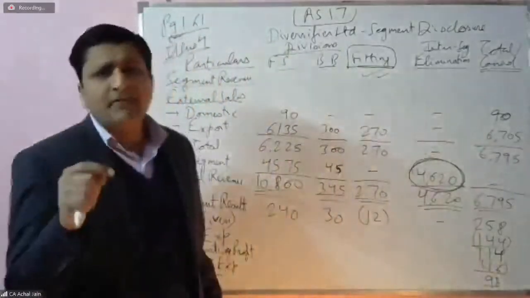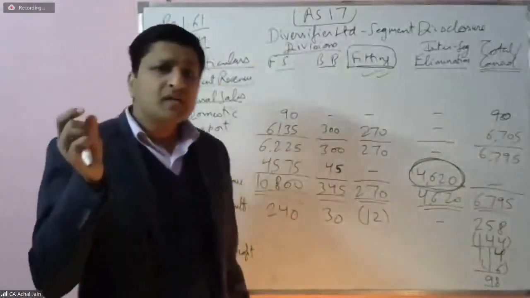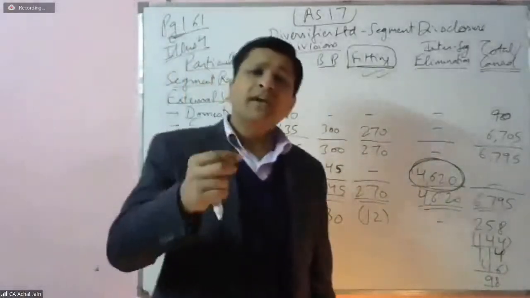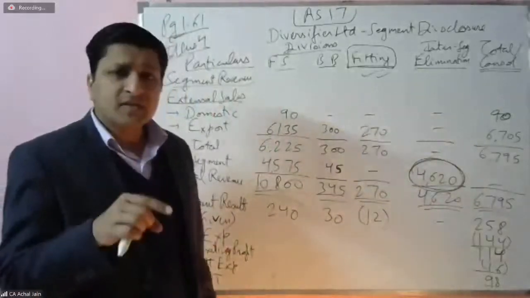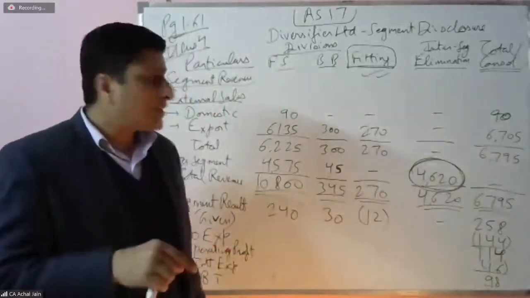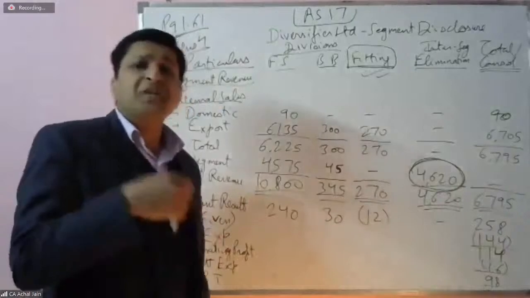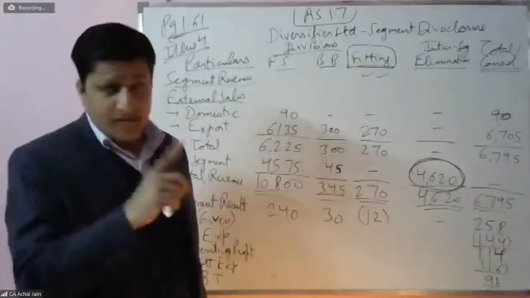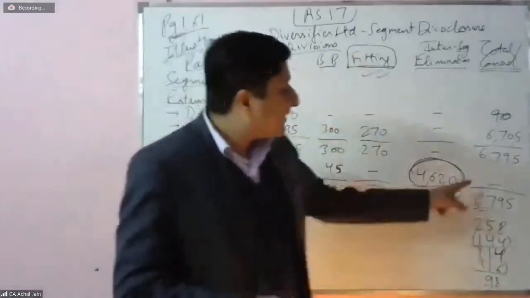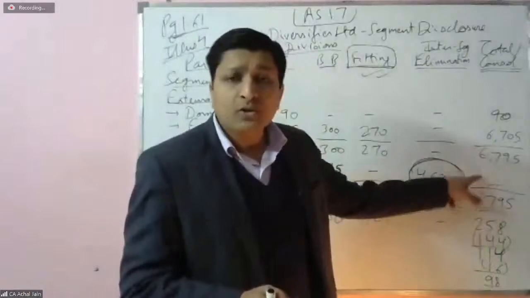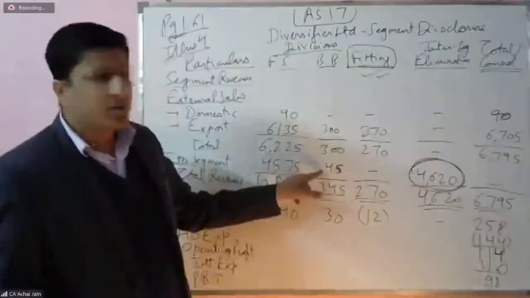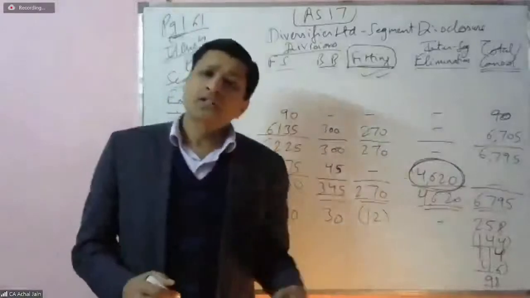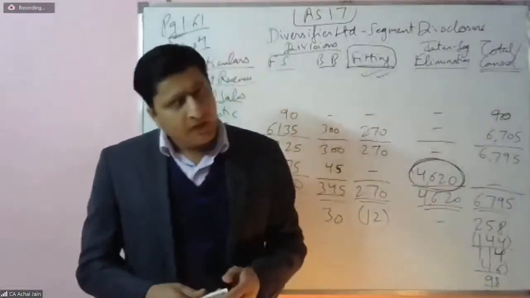At the company level, can we give the sales which are made within the organization? Tell me, can we put that information in the P&L? The answer is no. So when it comes to the total or the consolidated picture of the entity, this will have to be excluded, and that's why it's been excluded over here. Clear?